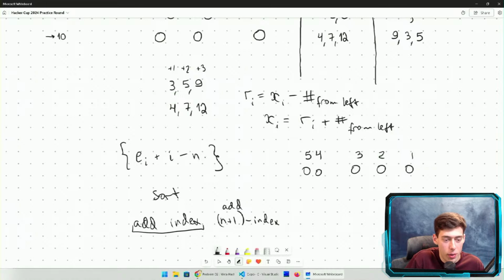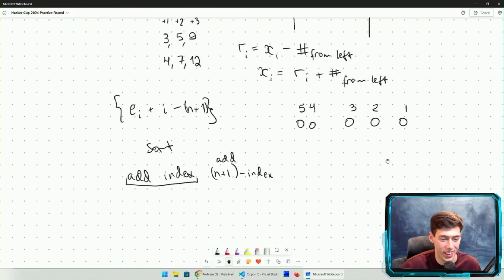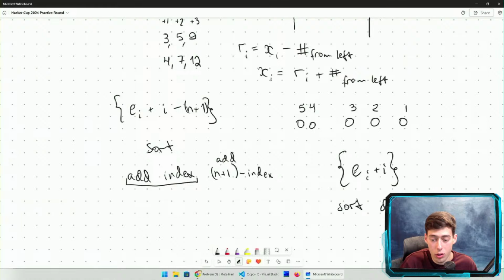And if we just convert this to 1-based as well for a second, so we have this, I'll just do this in brackets, minus n plus 1. Now it's become pretty simple in the sense that we have a set of EI plus I minus n plus 1, and we're adding n plus 1 minus the index back. And since this n plus 1 is constant, we can just reformulate this as taking the set of EI plus I, the multiset, sort that in decreasing order, and subtract the index.